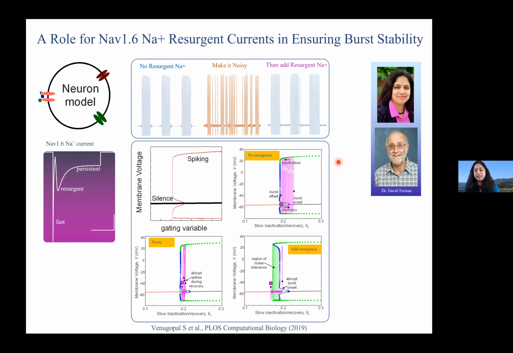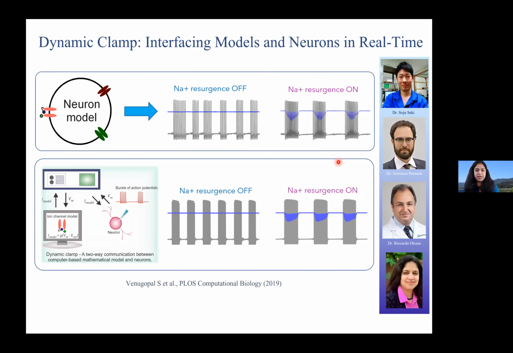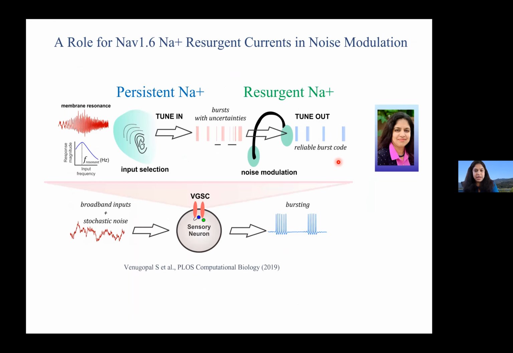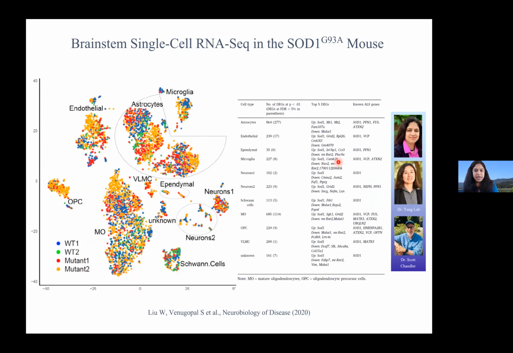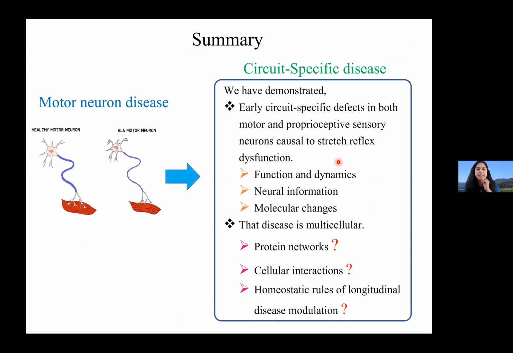Sure. In that case, I will pause here where we have seen sensory dysfunction. Going further forward, I want to take you through all of this, which is really interesting to me. But in summary, based on all of our various efforts, we took the idea of this disease as a motor neuron disease and gave it a new way of thinking, which is a circuit-specific disease.